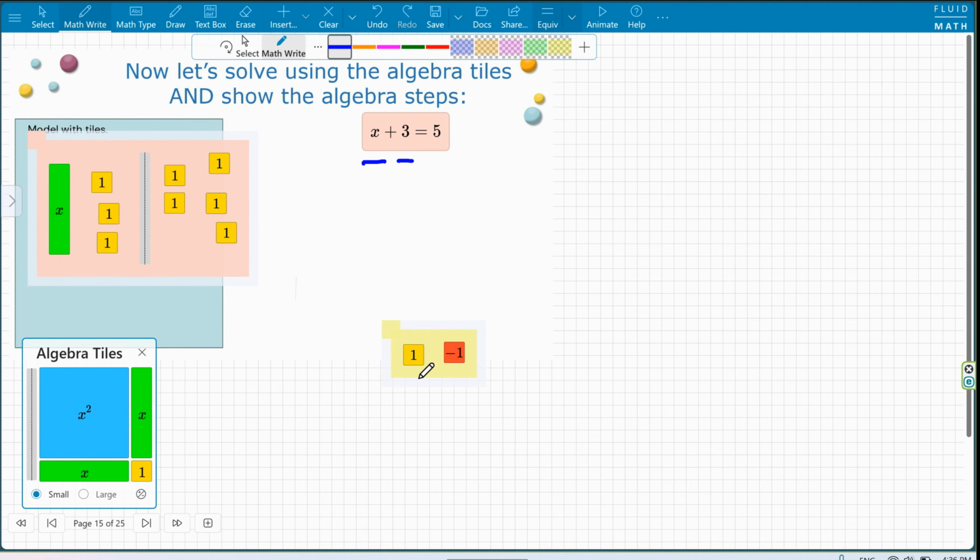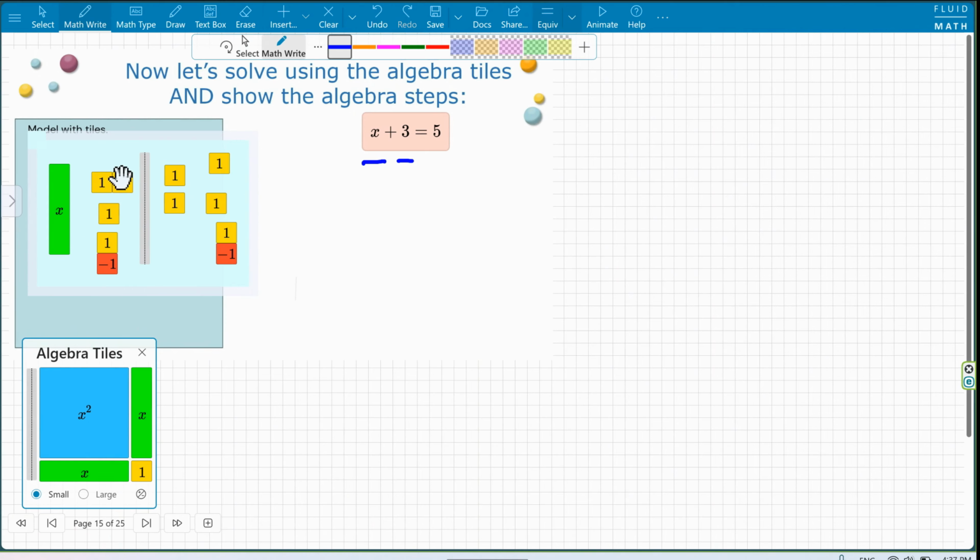What we call this pairing when we take a positive 1 and a negative 1 and we put them together, we call it a zero pair because its value is 0 and you have a pair of numbers that make a 0 value. So let's try that over here. I'm going to add a negative 1 over here, and what you do to one side, you must do to the other, so we're still equivalent.